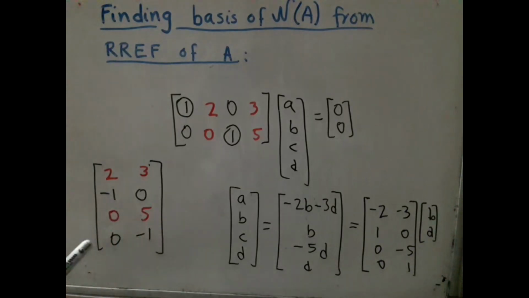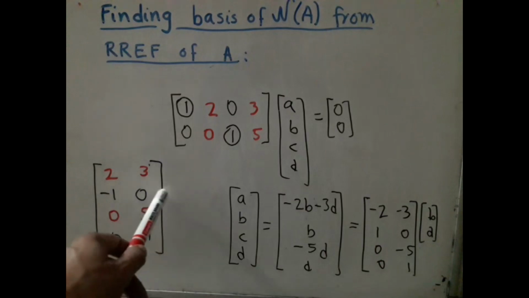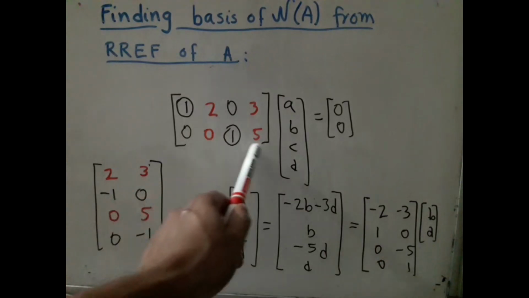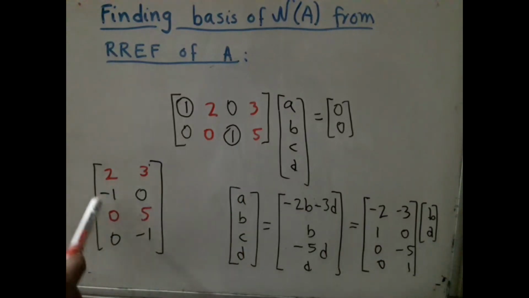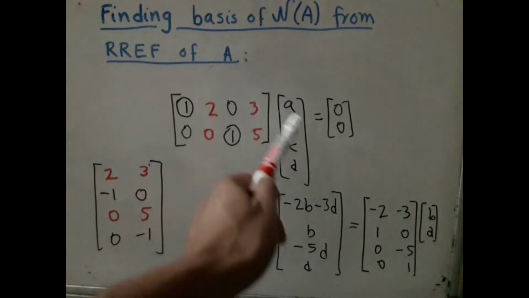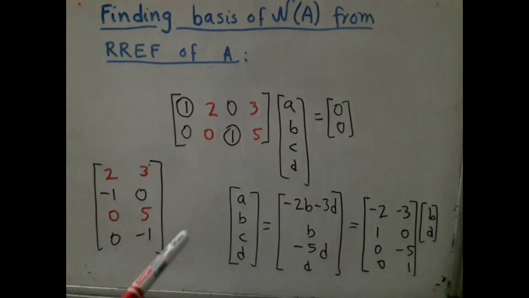This part, they were just unaltered. B was left as B, D was left as D. As a result, here we just had a little identity matrix 1, 0, 0, 1, and when I negated, I got a minus identity matrix in place of all the remaining things. I have this minus identity. So from this you can understand I really did not need to go through all these computations.